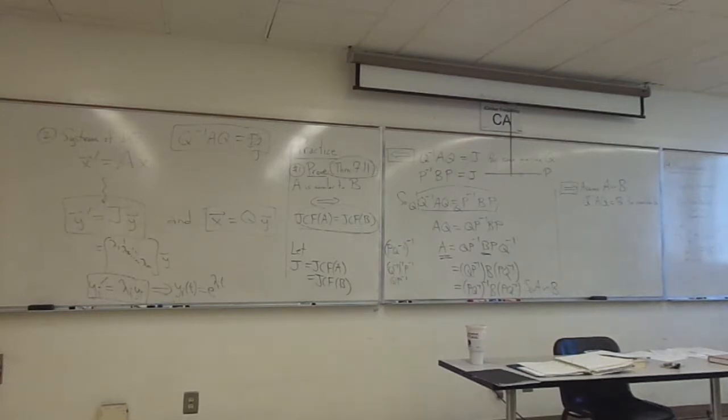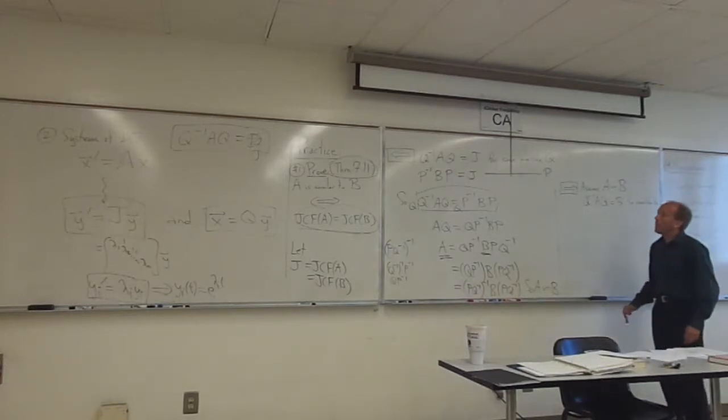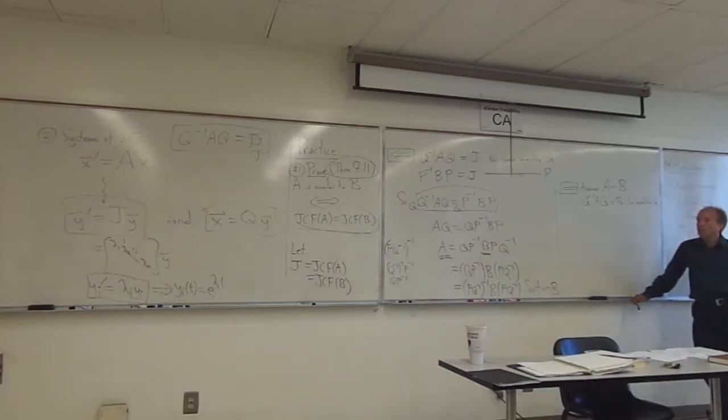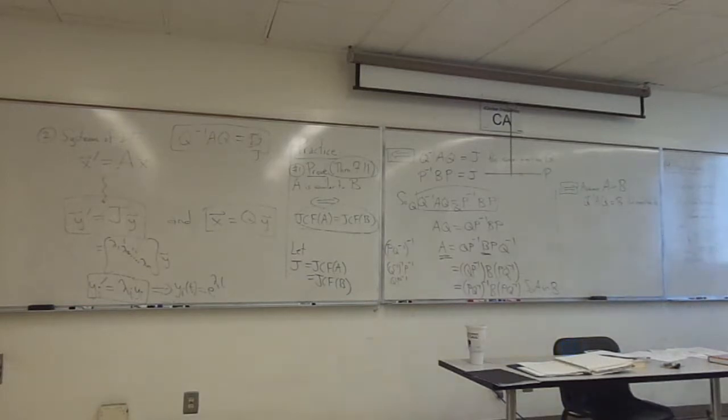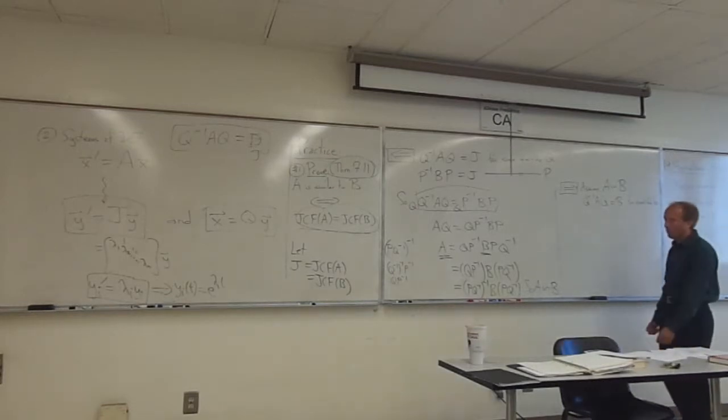So far so good? Okay, and I would like to show that A and B have the same Jordan canonical form, at least up to the arrangement of the blocks. So you can always move the blocks around. I'd like to show they have the same Jordan canonical form.